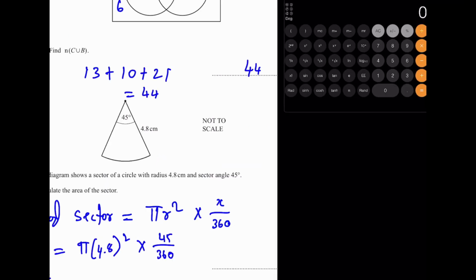And that's equal to, calculator, 4.8 squared, 23.04, multiplied by pi, which is equal to 72.38, and then it goes on, multiplied by 1 by 8, which is the simplified fraction, so divided by 8.